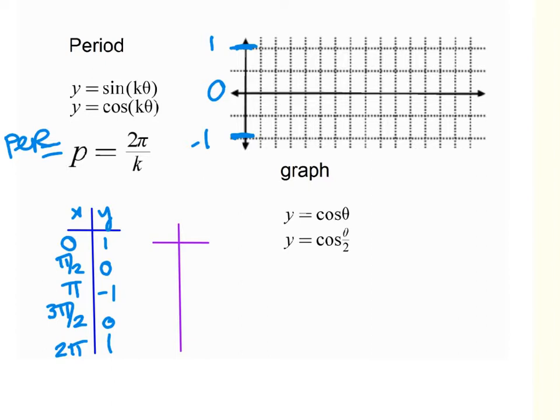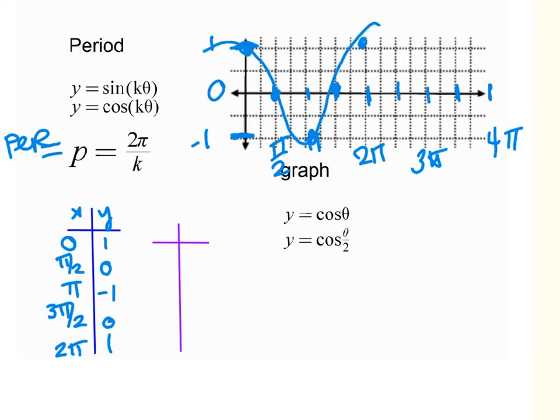So this is going to be pi over 2, pi, 3 pi over 2, 2 pi. This one I'm going to make a little longer. Okay. And when I graph this one, top, middle, bottom, middle, top. So hopefully yours looks something like that.